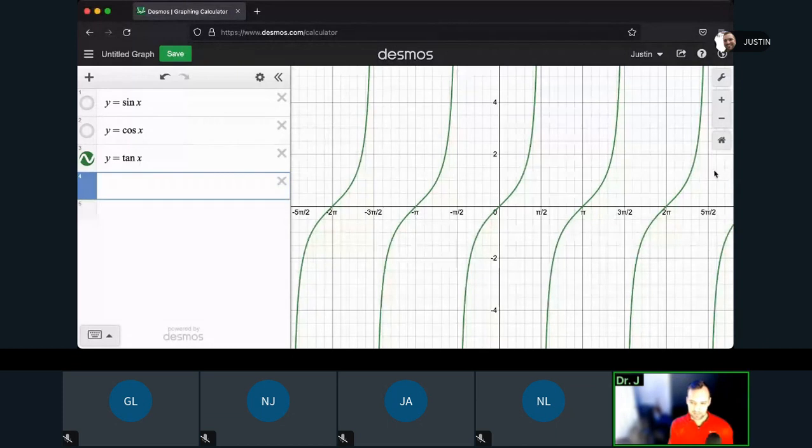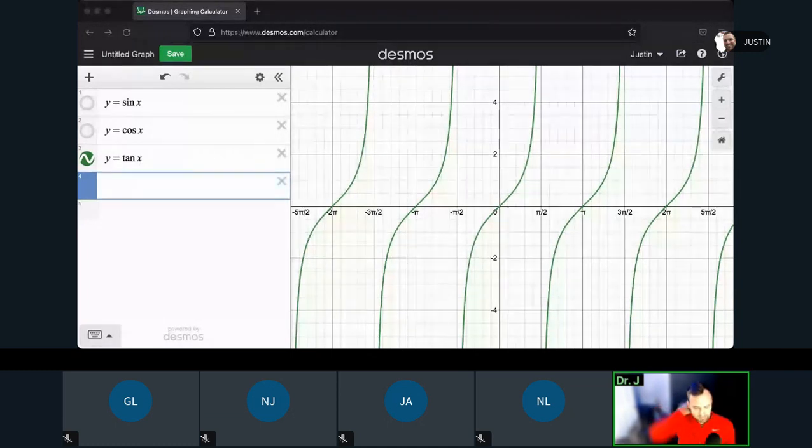All right, now looking at this, can someone, guys, really think about this? What is the period of tangent? So we want to do a full cycle. It is pi.